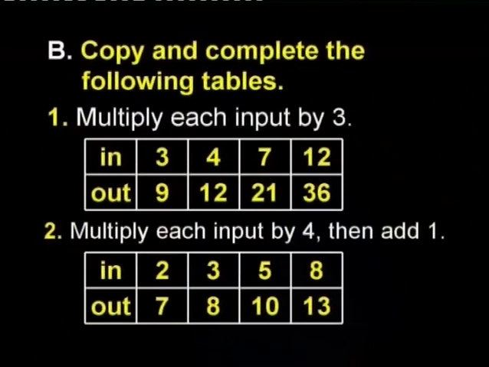And next one, multiply by 4. Then you add 1, which means 4 times 2 plus 1 will give you 9. 4 2s are 8 plus 1, 9. Any questions on these two tables? All okay? Shall we move? Receiving students, I hope you have your answers just like mine. Let's go on to the next couple of questions.